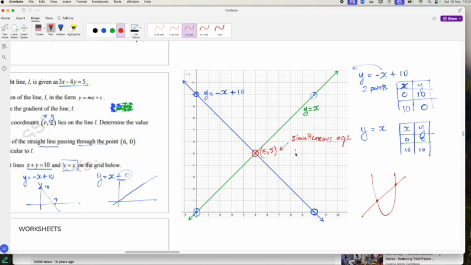That is, if you have y is equal to negative x plus 10 being equation 1, and then y is equal to x being equation 2, and you solve those simultaneously, this is what you will get.